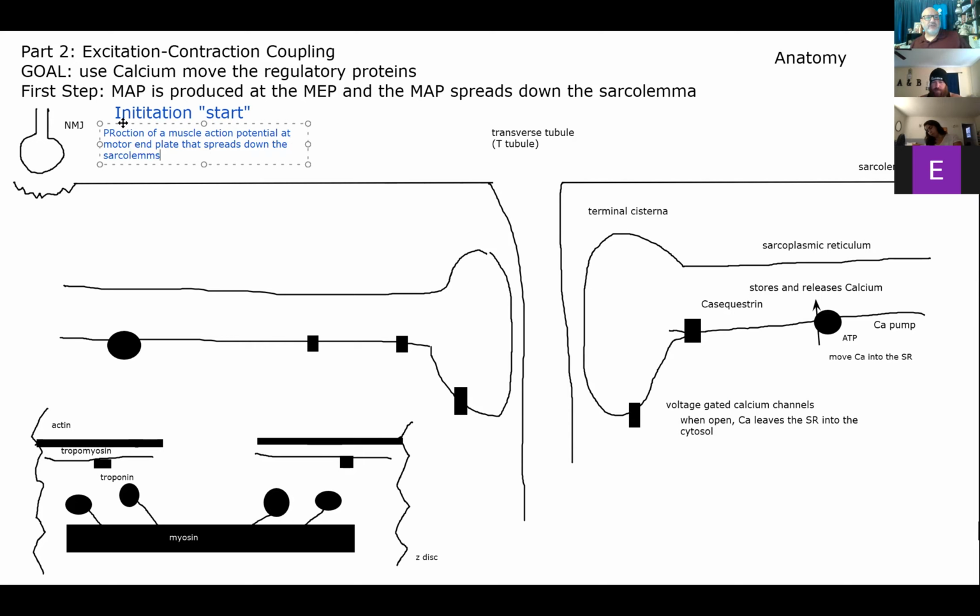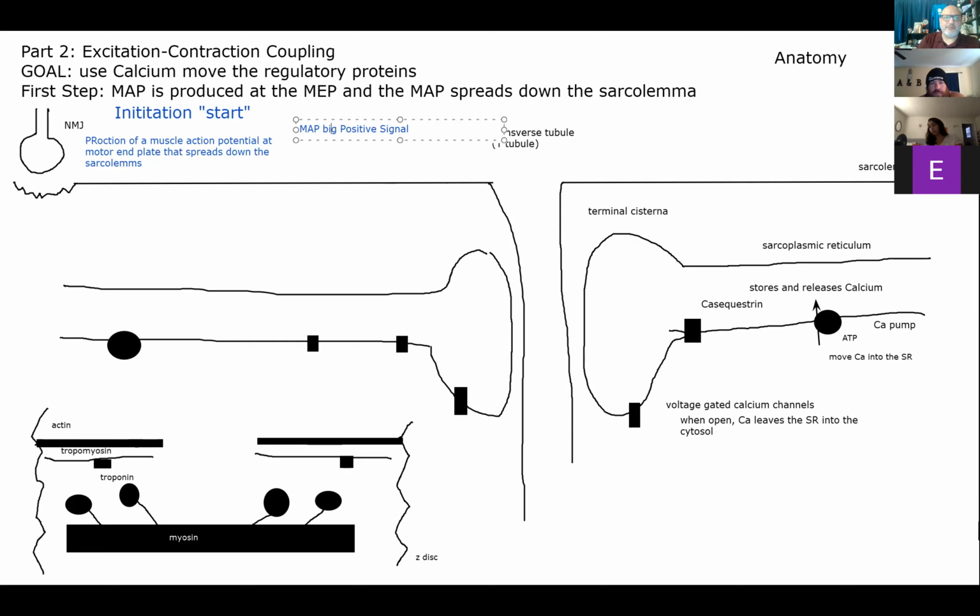Of course, as we know, muscle action potentials, just like neural action potentials, are a big positive signal. And as we know, when a big positive signal spreads, what does it do to the area that it spreads to? Depolarizes. Excellent. So as it spreads, it depolarizes the cell.